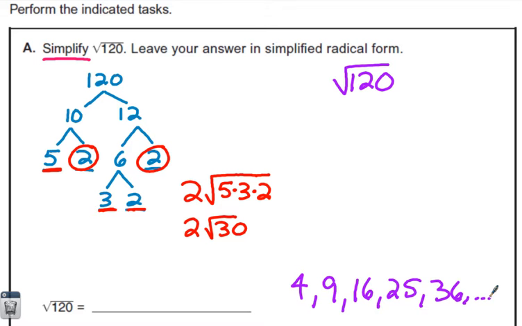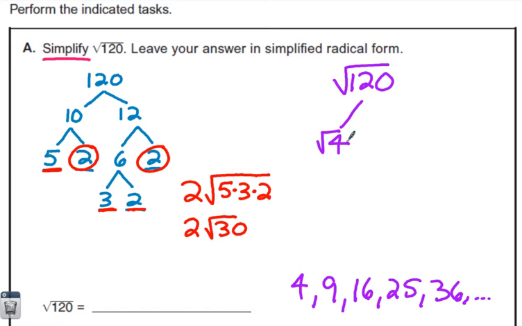But here's a very important detail if you're doing this method: you can't just find any perfect square in 120. You have to find the largest one possible. Let me say that again because it's really important. You have to find the largest perfect square possible. In this case, it's the square root of 4.